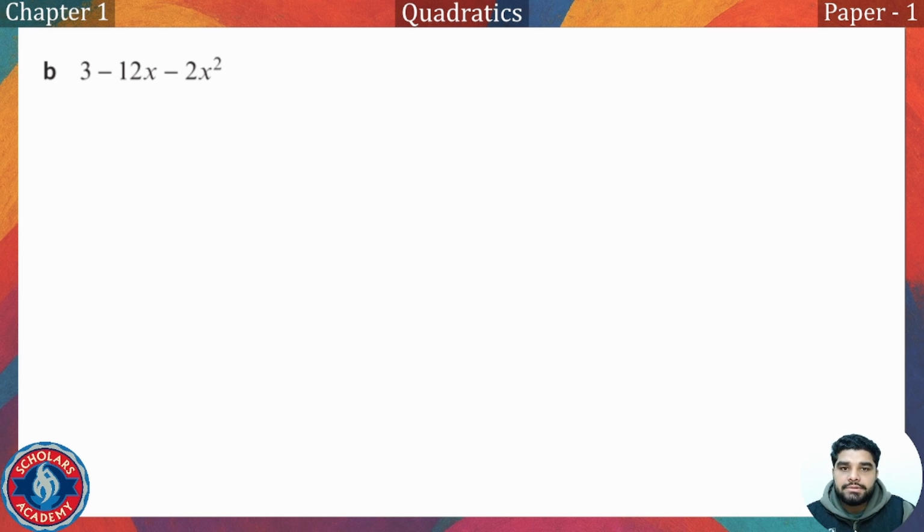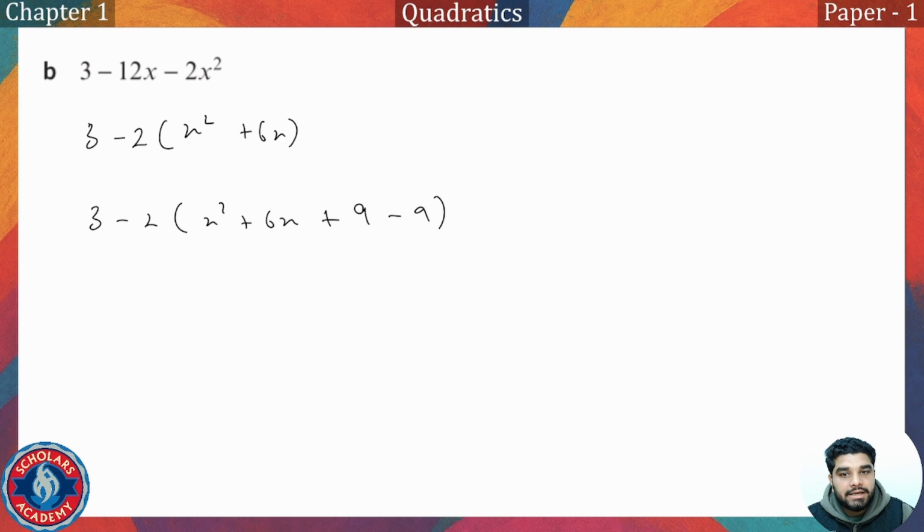All right. So we'll again take 2 common, negative 2, and we are left with x square and plus of 6x. 3 minus 2, x square plus 6x, and b over here is 3. So we'll add 9, square of b, and subtract 9.